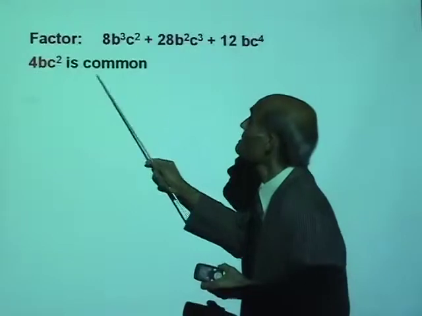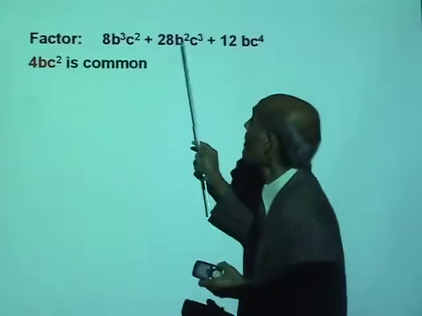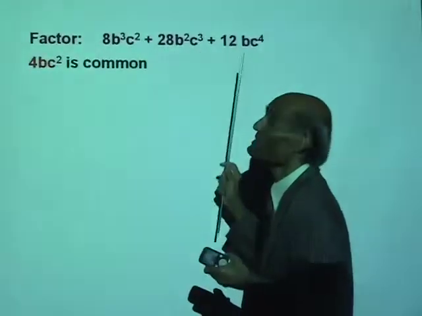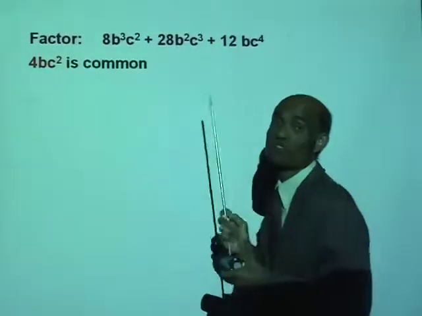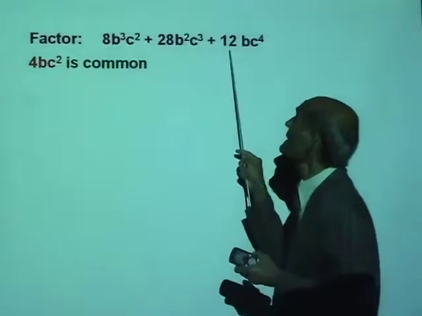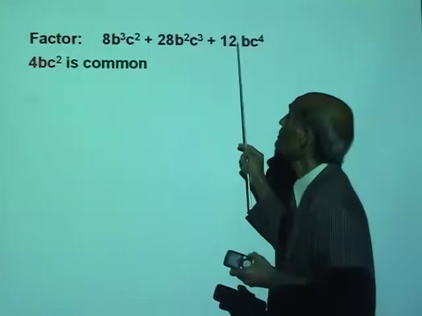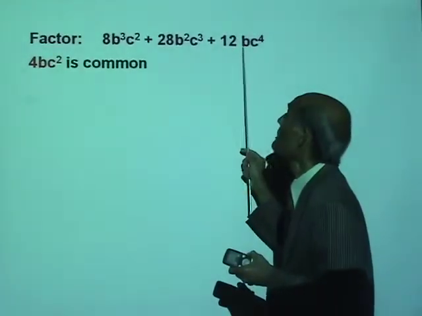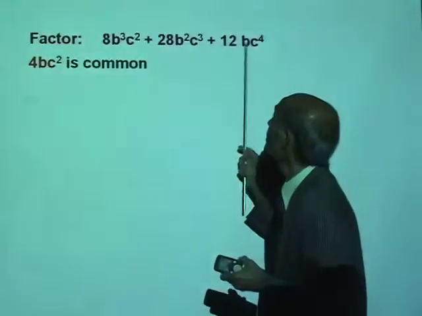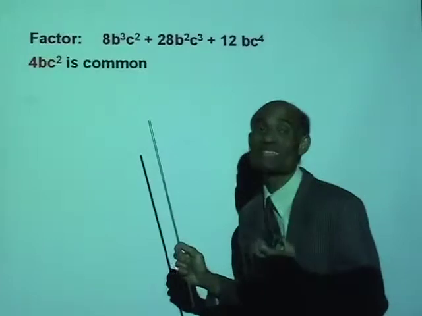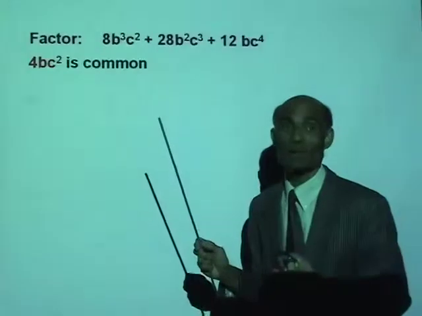After b is factored out, you have a b. And after c squared is factored out, you have a c. So 7bc is left in the middle term. And what is left in the last term? After 4 is factored out, you have a 3 left here. b is factored out. After c squared is factored out of c to the 4, you have a c squared. So what is left there will be 3c squared. Let's write that.